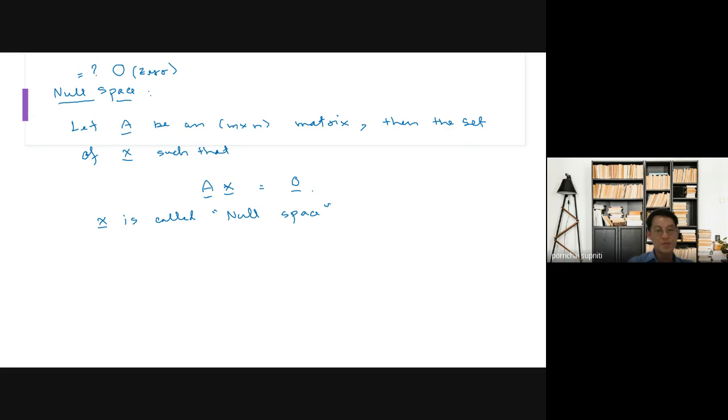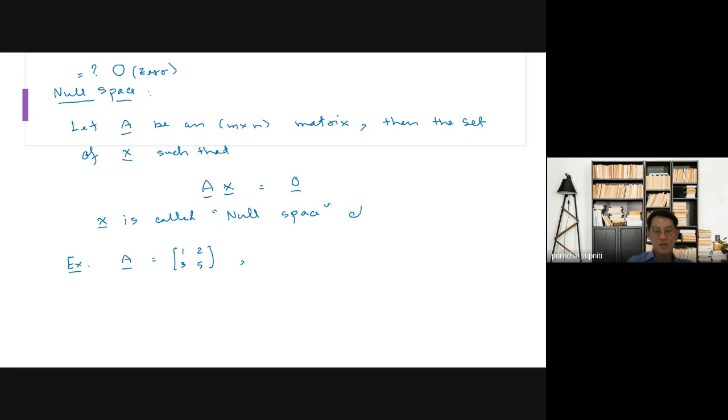How should I give an example? Let's look at an example. Let's say that A is 1, 2, and then 3, 5. Then I say find the null space.